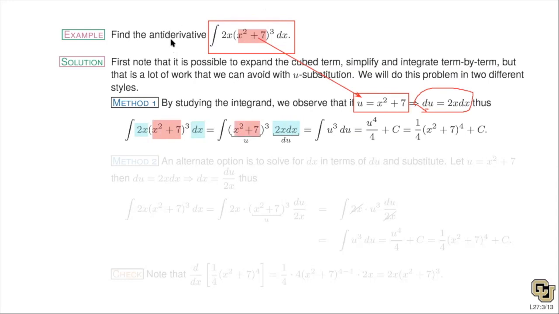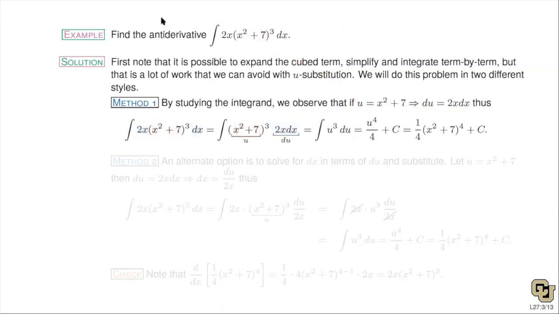And then we end up with this very nice transformed integral. The antiderivative of u cubed du is a lot simpler than the antiderivative of 2x times x squared plus 7 cubed dx. But all we've done here is a cosmetic change. We've changed the variable so that now it looks different.